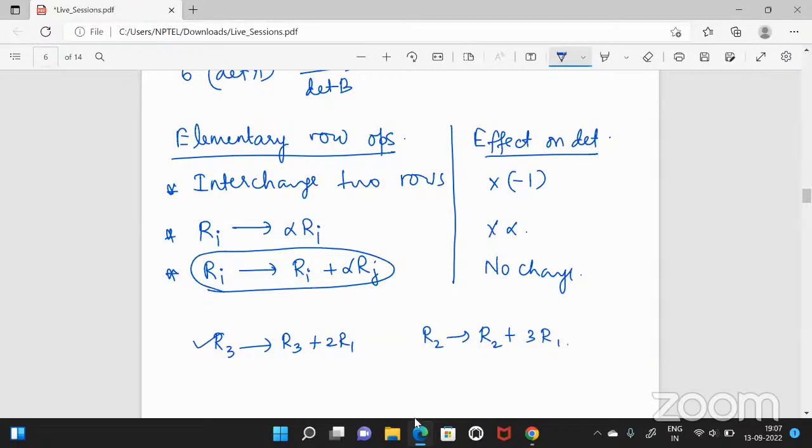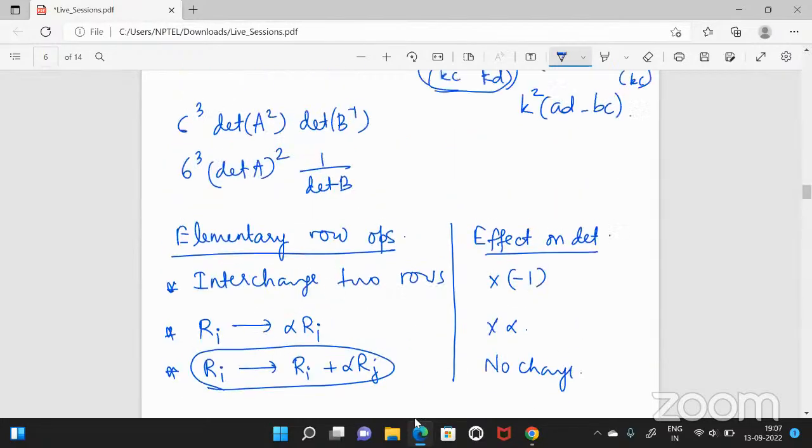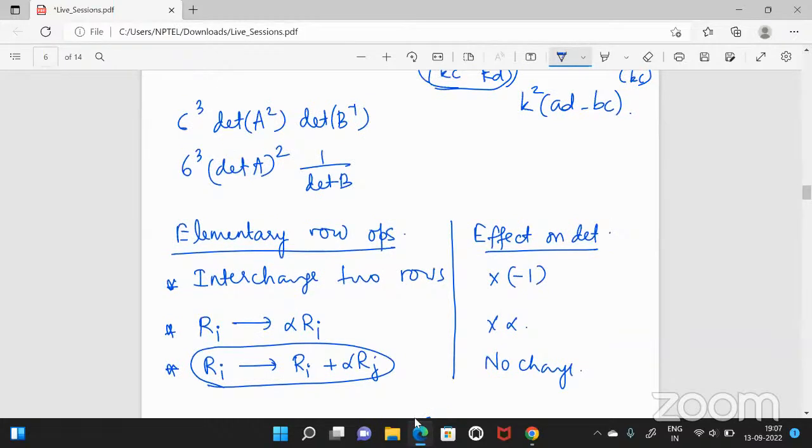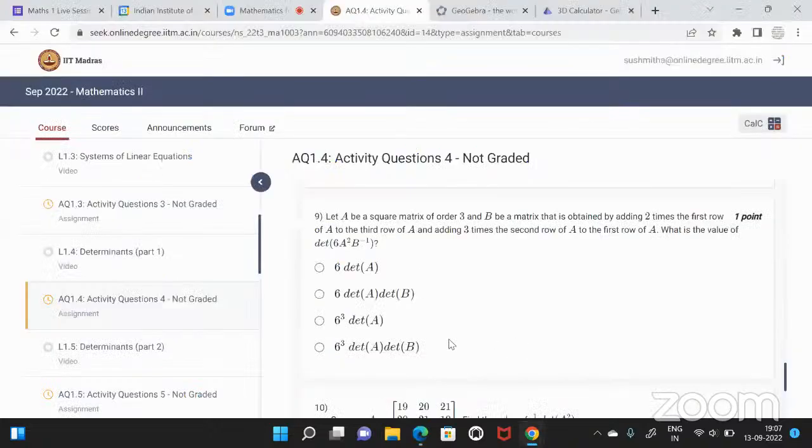When you do this operation also there is no change. So determinant of B is equal to determinant of A, right? Yes, ma'am. Now you can cancel it out and you will get 6 cube determinant of A. Thank you, ma'am.